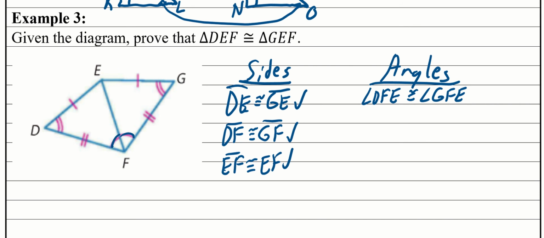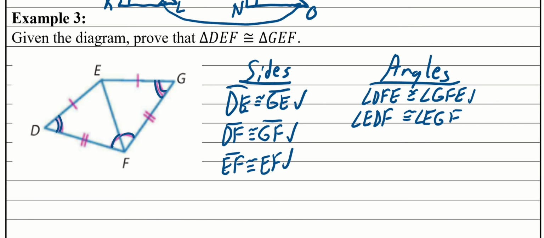Second one here, I see 2 arcs here, and I see 2 arcs here. So I know that angle EDF is congruent to angle EGF for that same reason. I see the same amount of arcs on both of those angles.